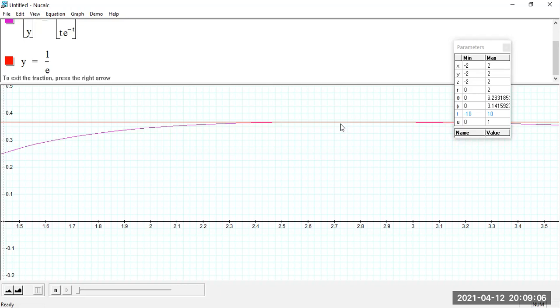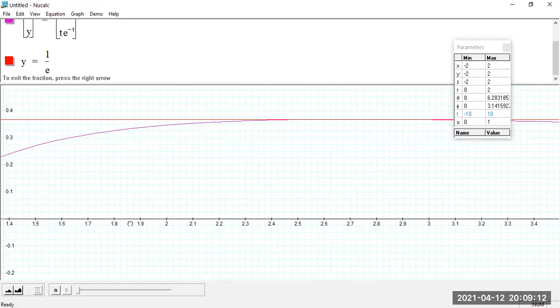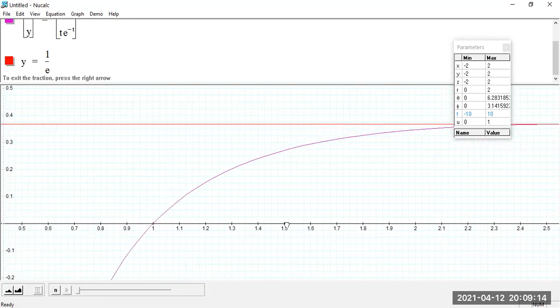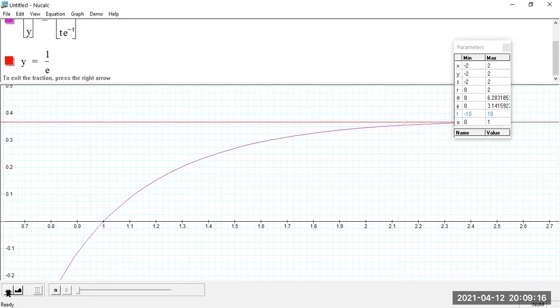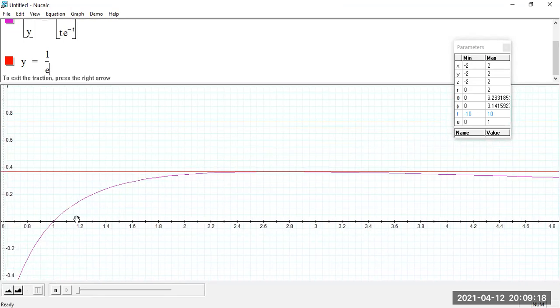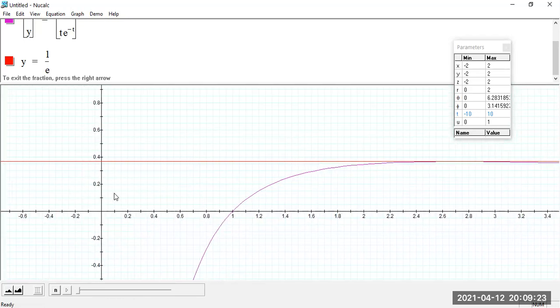You see? Okay. And the y component is 0.37, approximately. So that's the coordinate approximately here. That's the coordinate where the curve has horizontal tangent line.